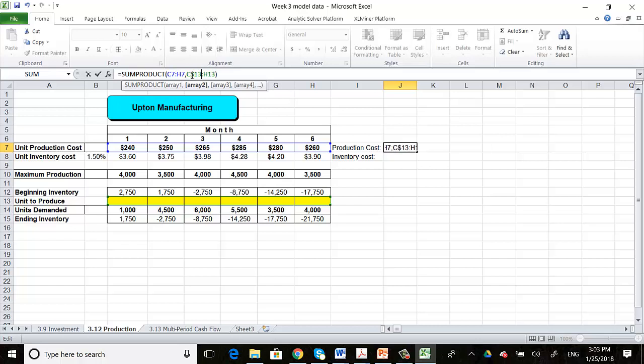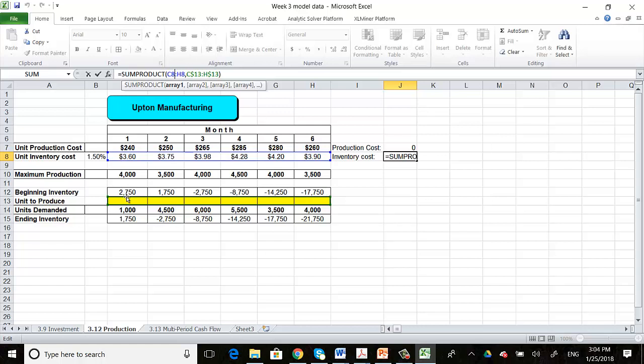So I'm going to put a dollar sign there and copy it down. So the inventory cost is the sum product of the unit inventory cost row and the units produced.